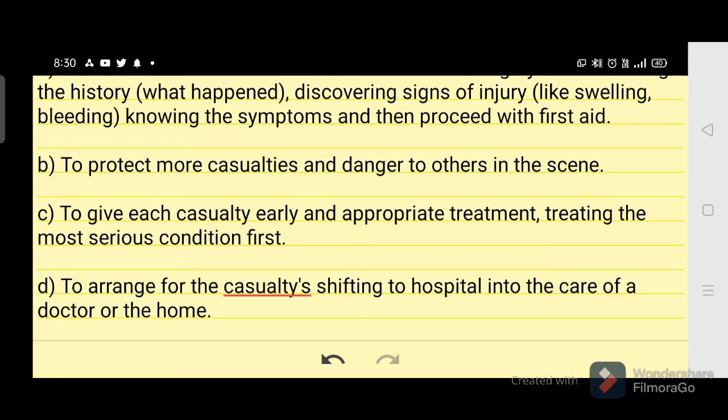That means if you have 4 or 5 or many persons injured, then the teacher should see who is the most serious person, who needs help most, then the teacher should decide and give him the treatment.